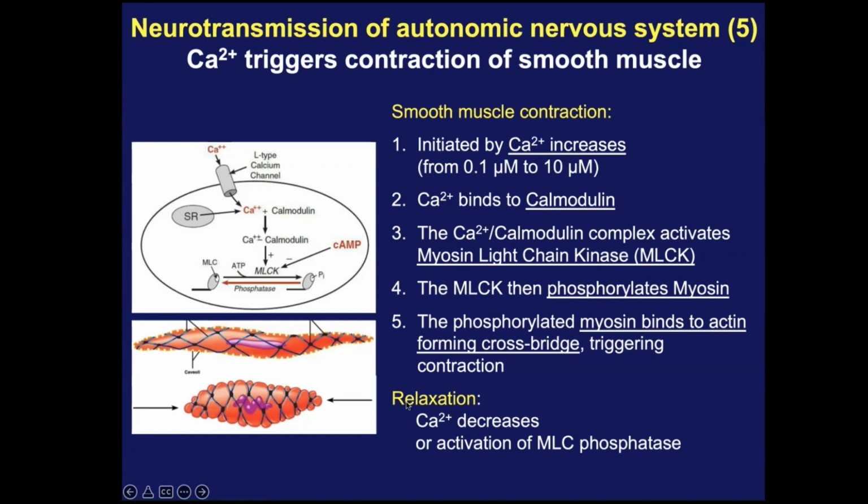For the relaxation of the cell, which is the contracted cell returning to the relaxed state, the first mechanism is that the calcium decreases, which can be achieved either by the inhibition or closing of the L-type calcium channel, or the reduction of the IP3 level in the cell.